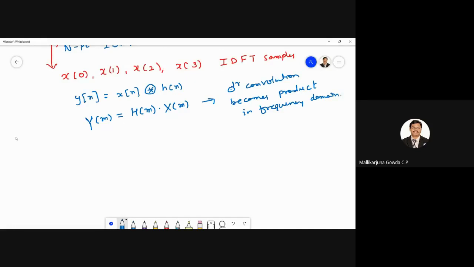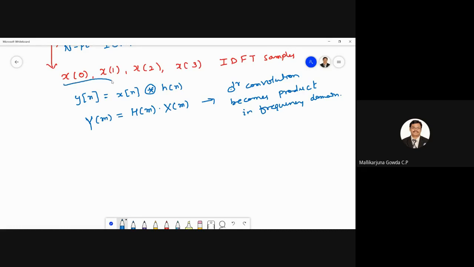Fine. So this linear convolution has been converted into circular convolution by adding a cyclic prefix, I said. By adding the specific redundancy, known as cyclic prefix, to the transmitted vector, I will be able to convert that linear convolution into a circular convolution.